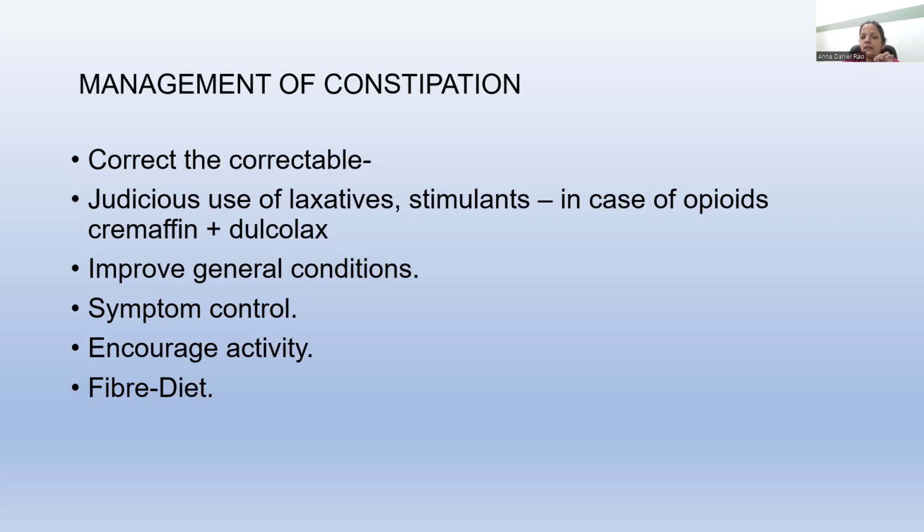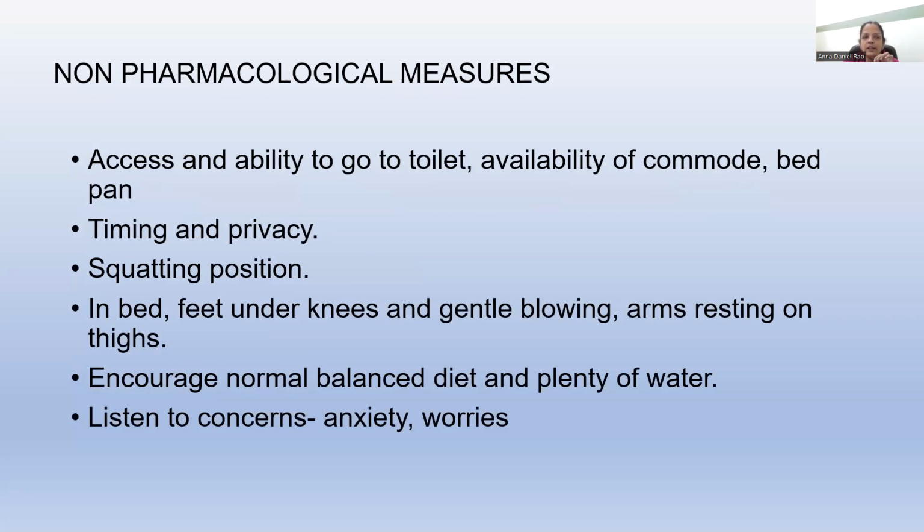Many times they get very bored eating one ingredient only. But one ingredient can be used in different recipes, and they will always enjoy that. Non-pharmacological measures: assess the ability to go to the toilet.